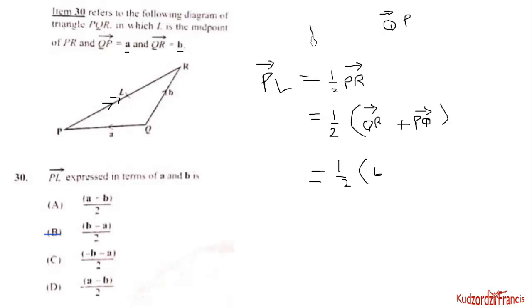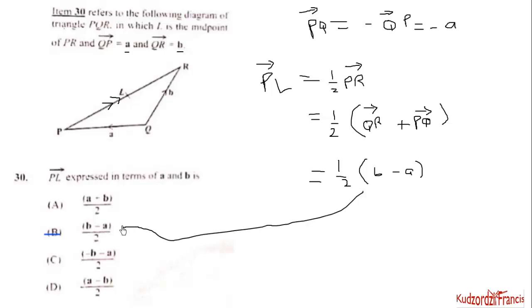So vector PQ is equal to the negative of this, which is equal to negative A. So we plug in negative A here, and this is the same as this. So the answer is correct. This answer B is the correct choice.